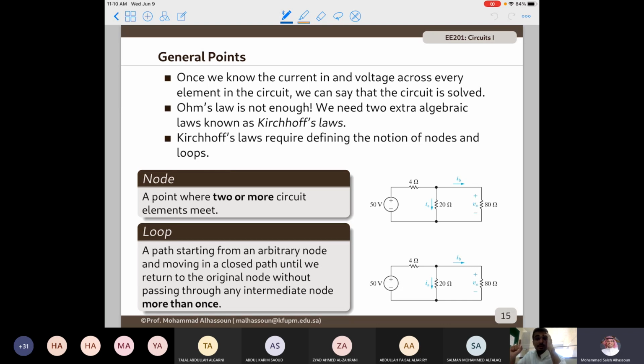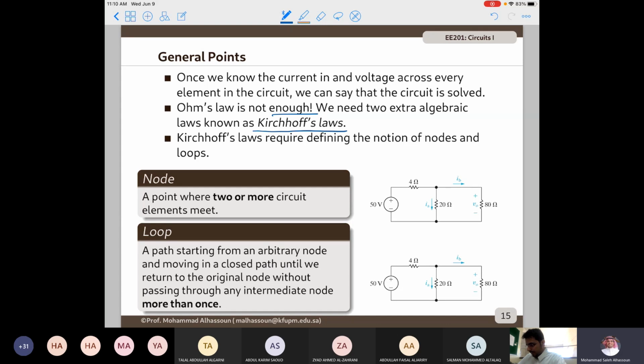So far, we studied Ohm's law. Ohm's law is very fundamental, but not enough. We need some algebraic laws that are going to help us completely solve circuits. Those laws are known as Kirchhoff's laws, after a German physicist.